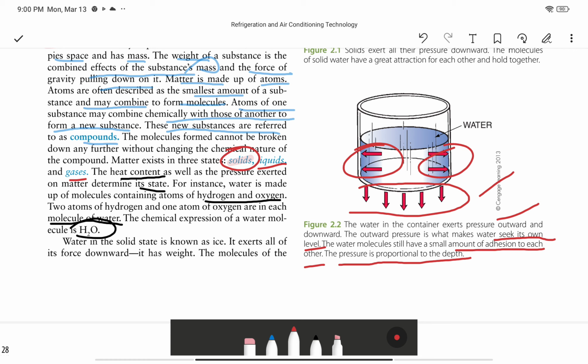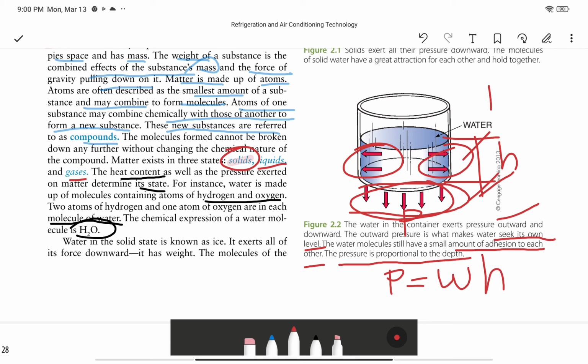Okay, so as we can see, we have derived this before. If this is your depth H, the pressure at the bottom here is equal to the specific gravity of water times the head. Okay, so that's the pressure if you have that water, right?